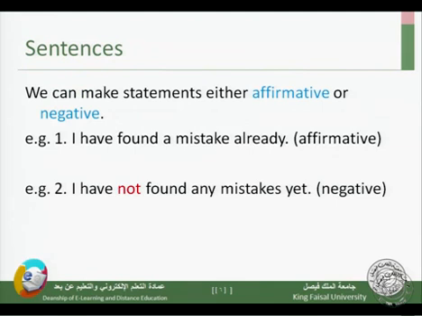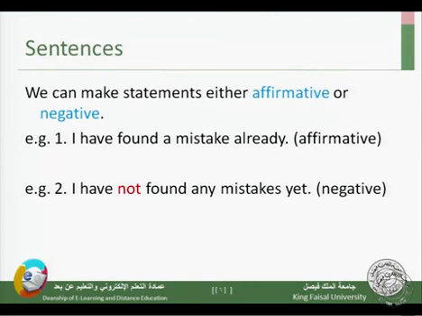We can make statements either affirmative or negative. So for example, the first example here, I have found a mistake already. This is an affirmative sentence. Okay, so it gives us a certain piece of information in the affirmative. Look at the second example here.